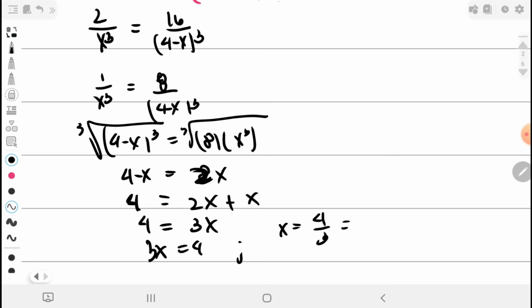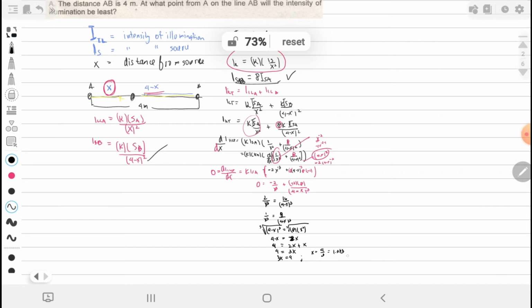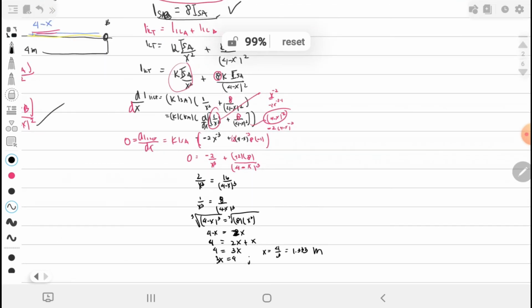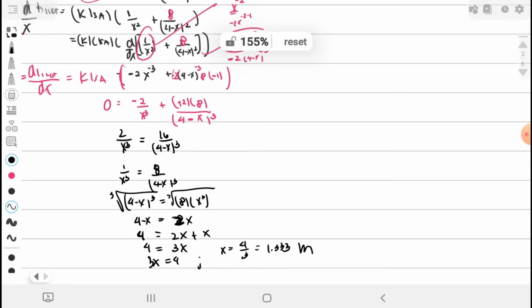Using my calculator, 4/3 is equal to 1.33, so 1.33 meters. That would be our answer.